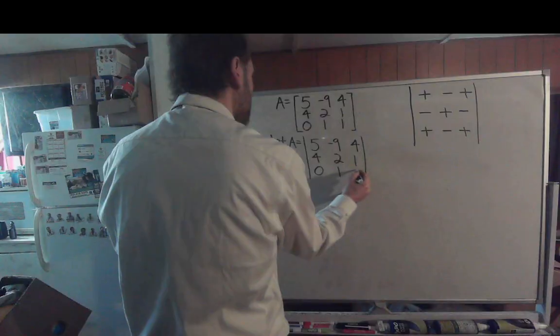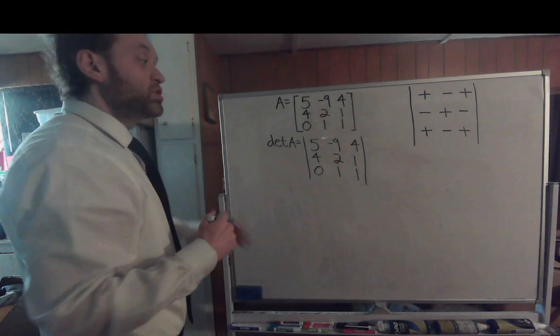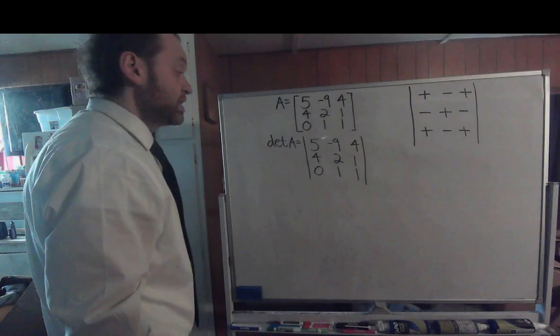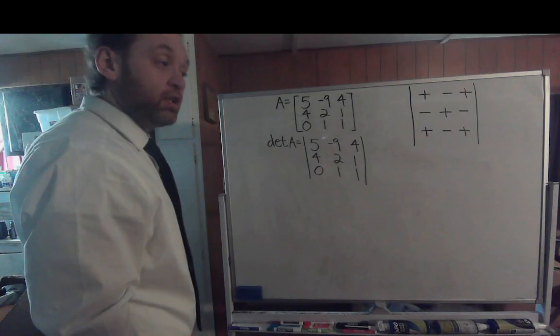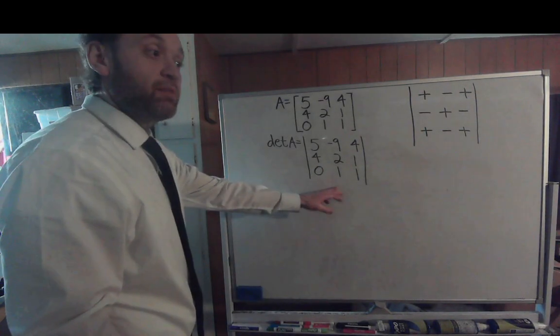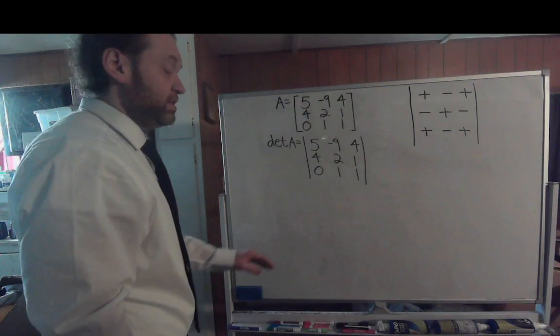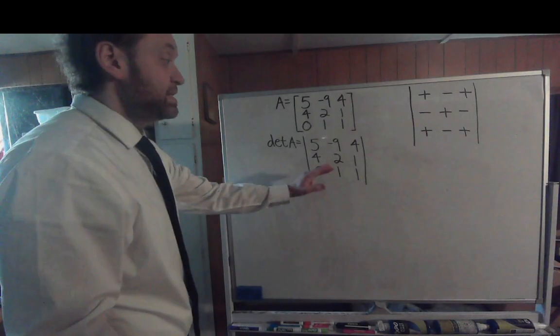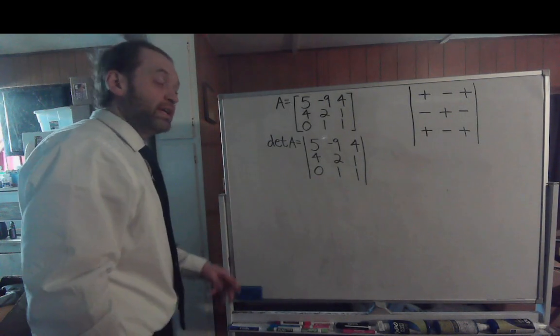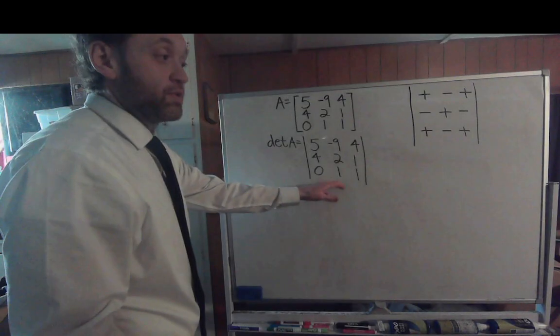Alright, so we're still going to do expansion of cofactors. Much like with the other method, if you have a row or a column with 0 in it, that's great. That's going to make your life 100 times easier. Because 0 times anything is what? 0. So we really only need to worry about 2 cofactors, don't we?